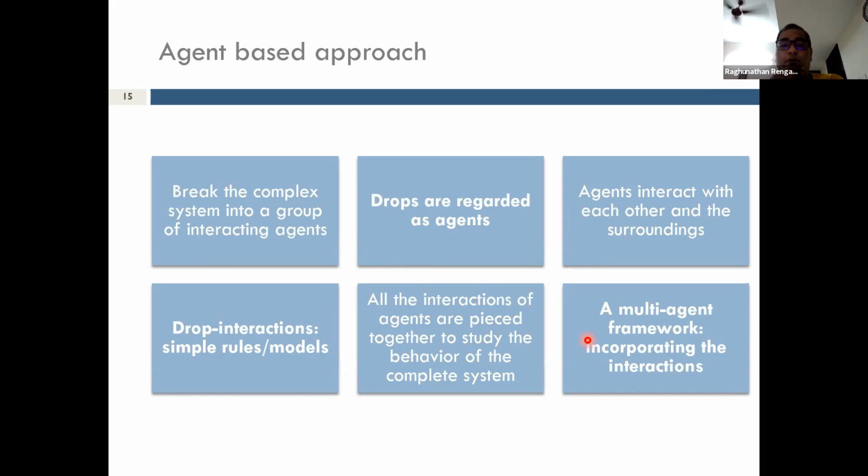We did an agent-based model where we consider each drop as an agent. And for the agent, we write the standard force balance equations, F equal ma. And for the force, we come up with constitutive relationships. When drops come closer together, they repel each other. And there are different constitutive forces that we write.